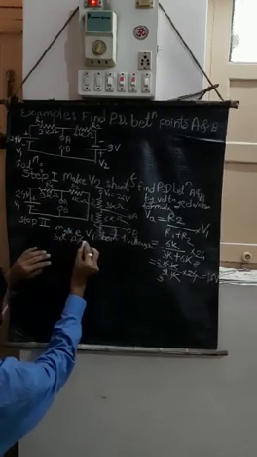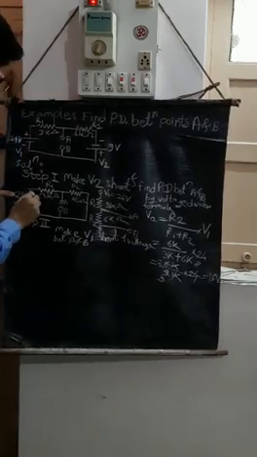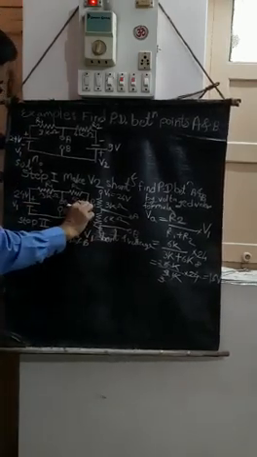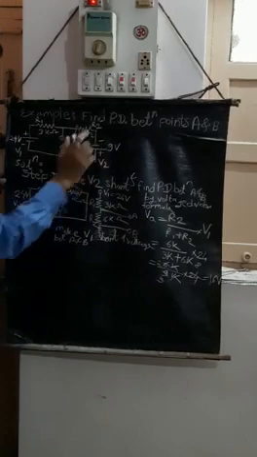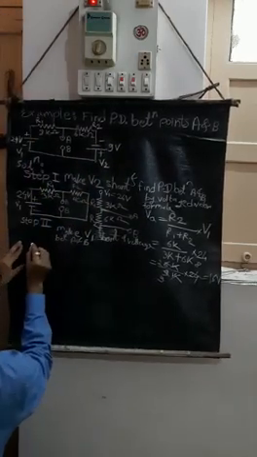A and B. Now we will short this V1 source and we will replace it with this 9 volt source, the V2 source. So how will we get the diagram? We will get the diagram in this way.